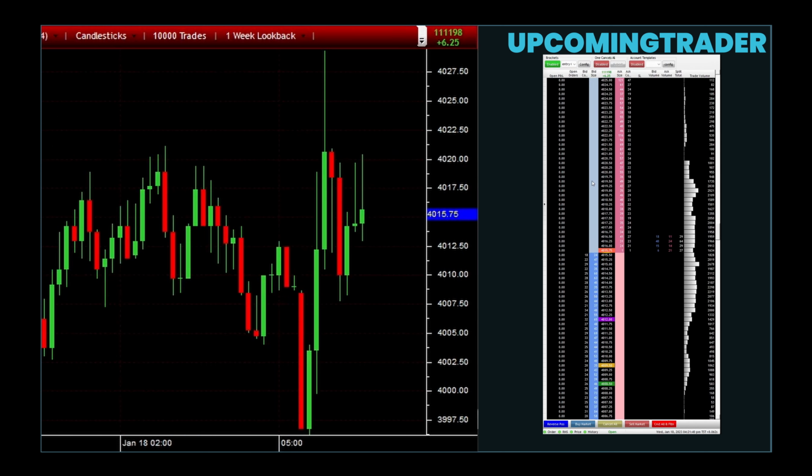The inverse head and shoulders is the opposite, where the pattern indicates a reversal from bearish to bullish. Volume should decrease during the formation of the shoulders and increase on the break of the neckline, providing confirmation of the reversal.